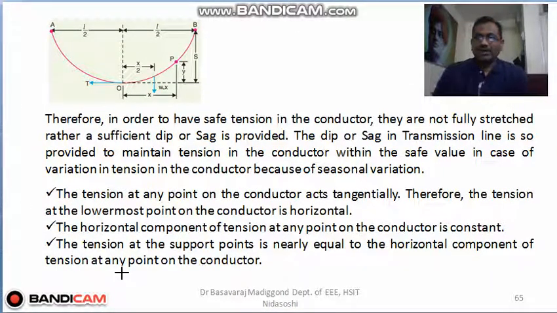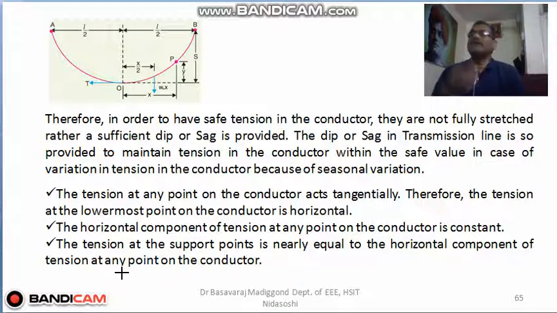Therefore, in order to have a safe tension in the conductor, they are not fully stretched. Rather, a sufficient dip or sag is provided. The sag in the transmission line is there so as to maintain the tension in the conductor within a safe value.